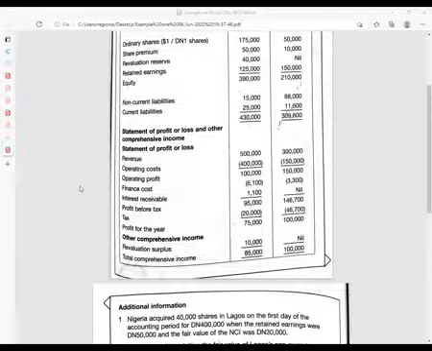Then we have their operating costs, then operating profit. I'm just following everything there. I have finance cost. After that, I have interest receivable.